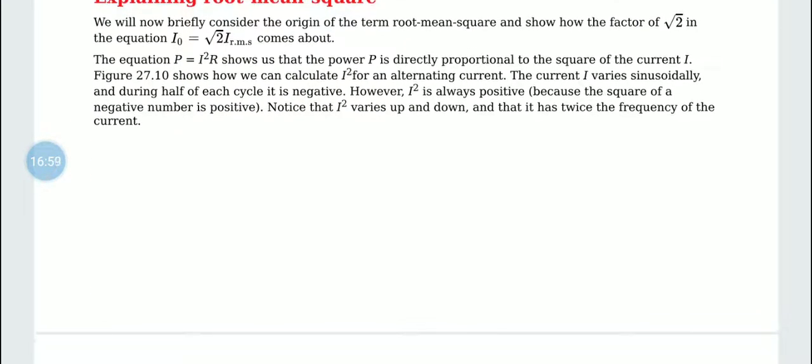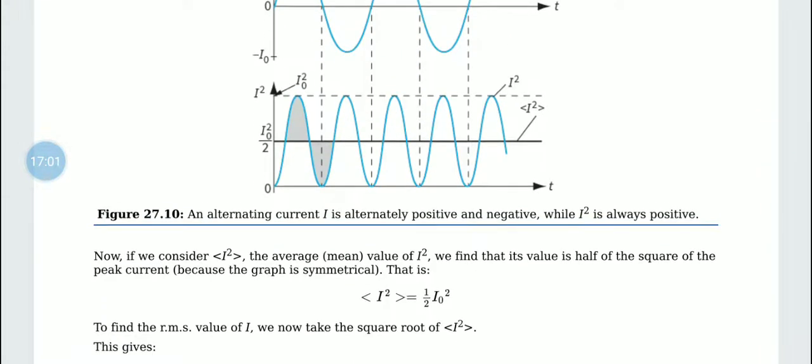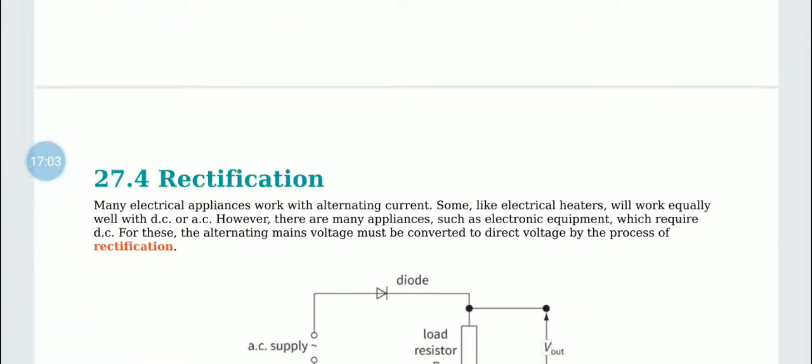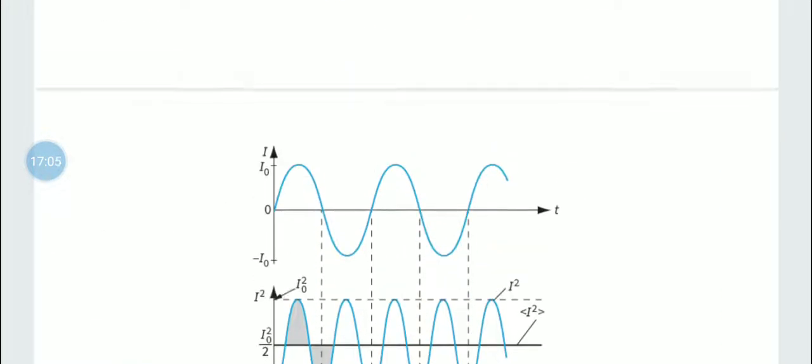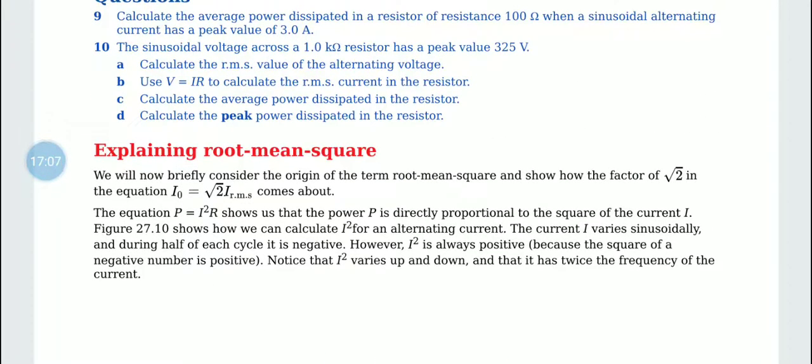Now, to explain the root mean square, we need to take these details. Here, now we need to understand how the root mean square is applicable, and how this equation IO equals root 2 IRMS comes about.